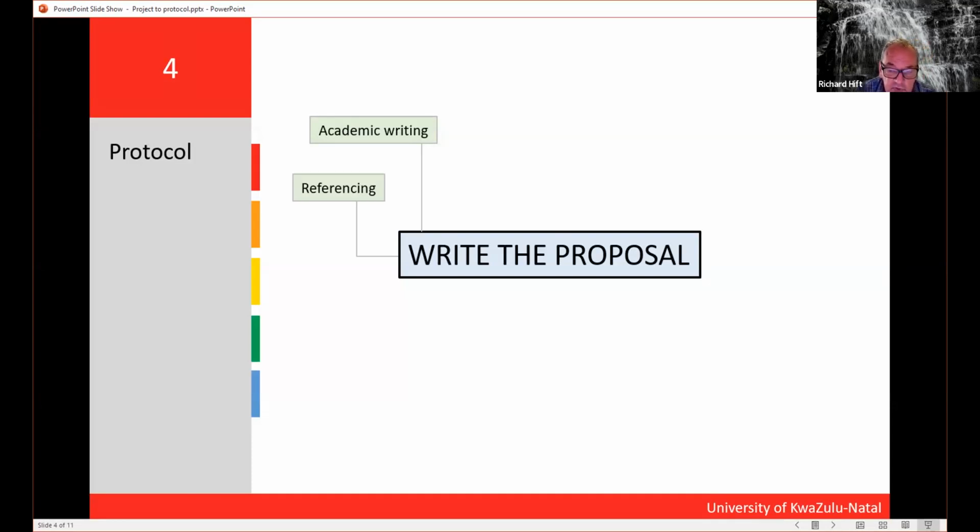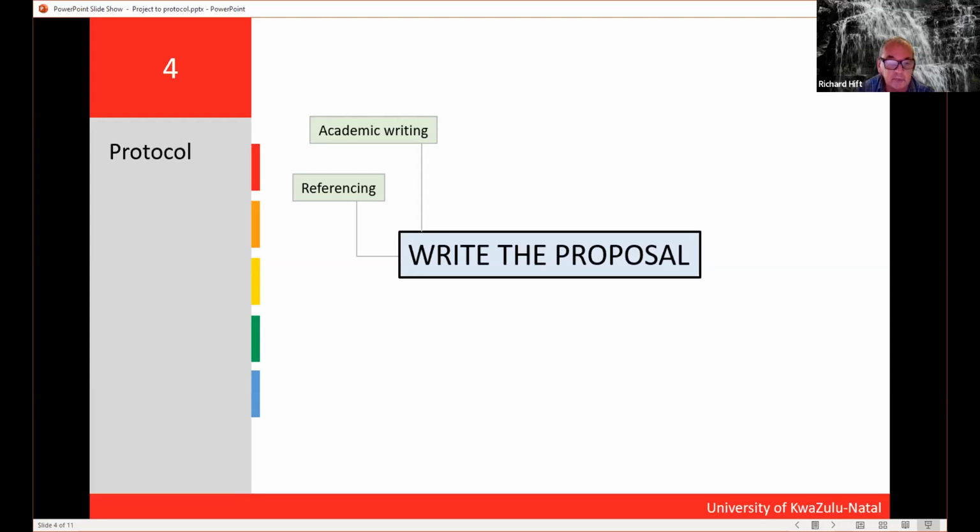By the stage that you hand in your proposal, you should be very comfortable with referencing. And that to me really involves three different aspects. Knowing how to find the right references in the first place, knowing which references to select to support your written work, knowing how to reference, the actual rules of referencing, what formats to use and all the rest of it.